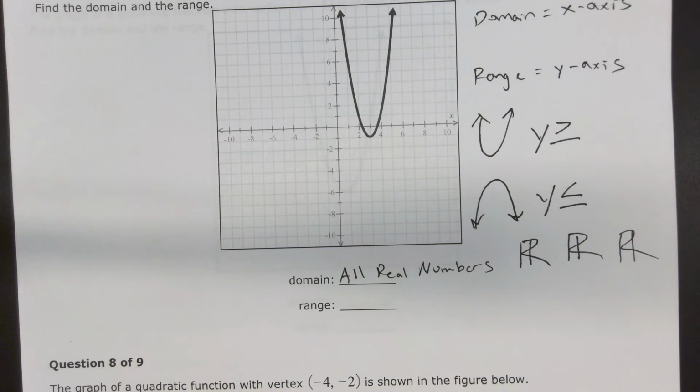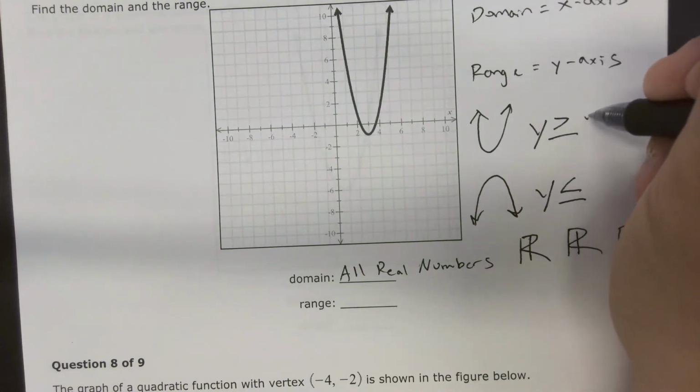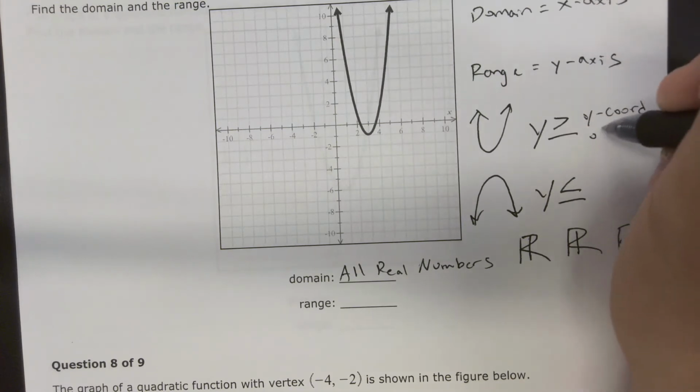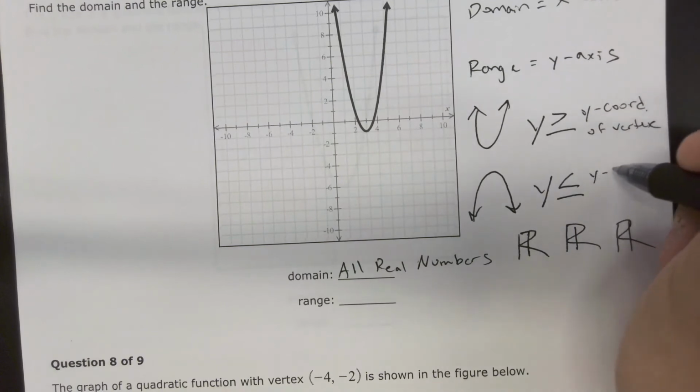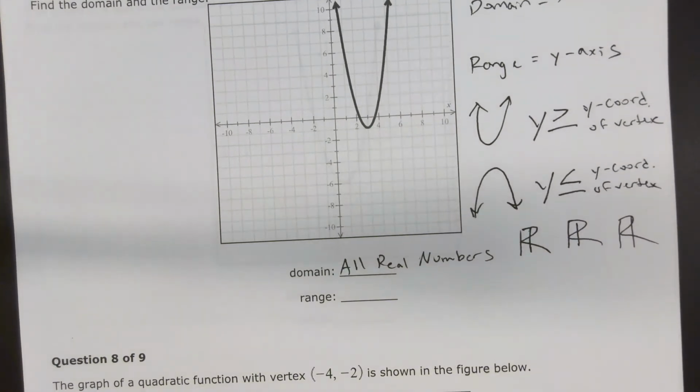And then we're going to talk about what number goes right there. The number that goes right here is going to be the y coordinate of the vertex.